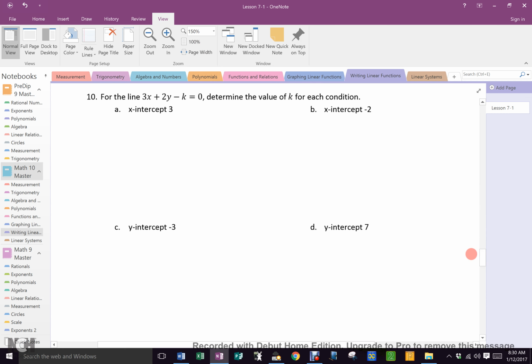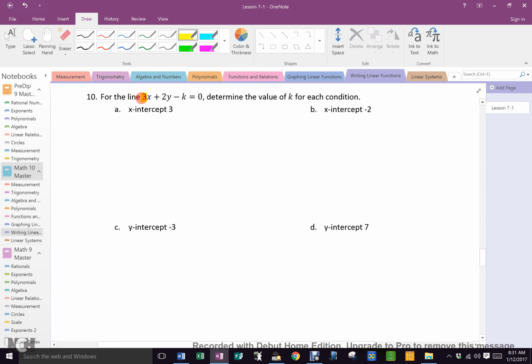Okay, this question messes people up. I don't know why, but it does. What form is this in? General form, absolutely right. So we are looking for just a number. Cool? So, now please notice that the question is asking for a value of k, right?